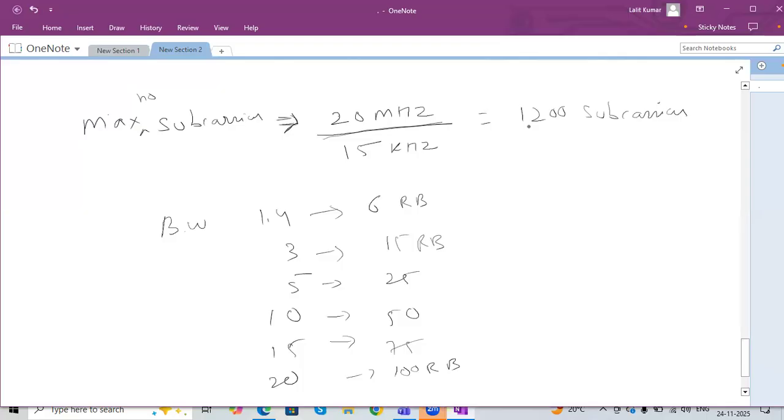So how will this come? There should be some calculation, I'm forgetting. 100 resource blocks.